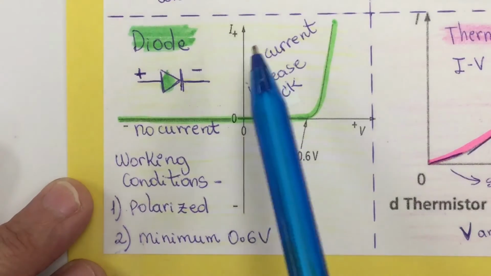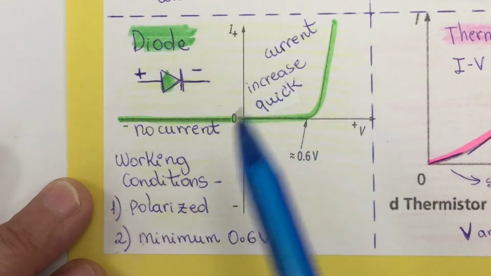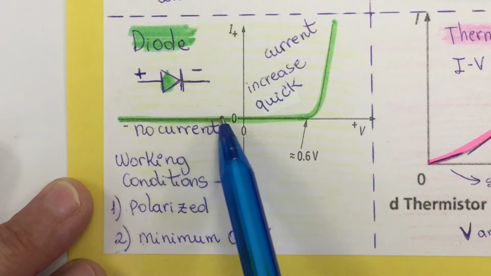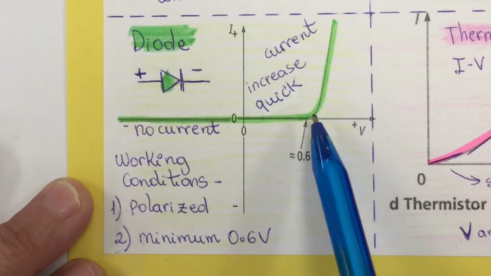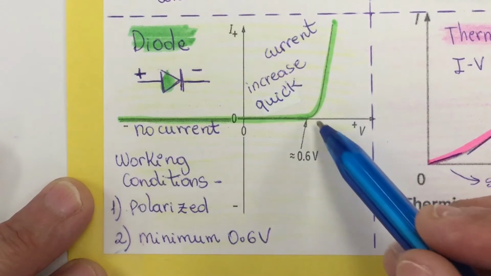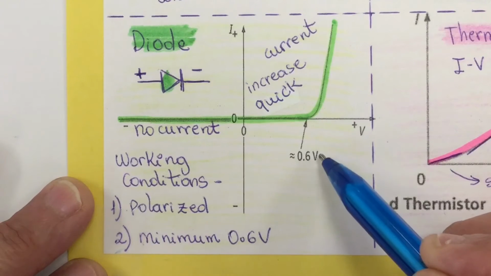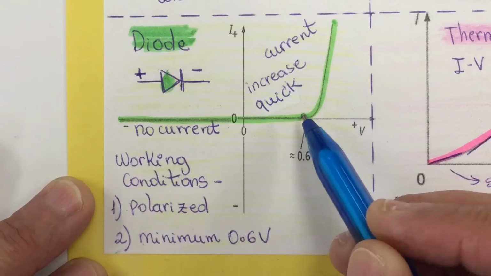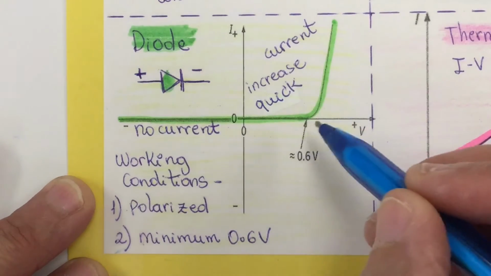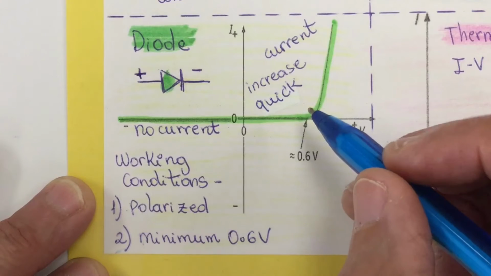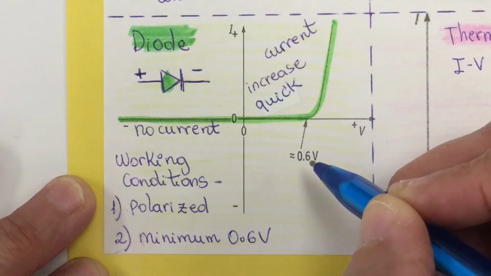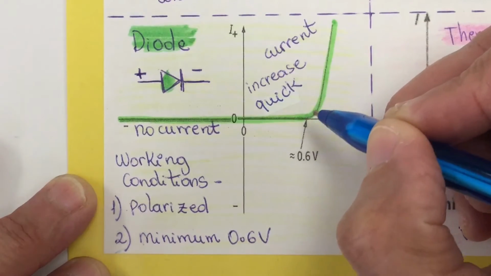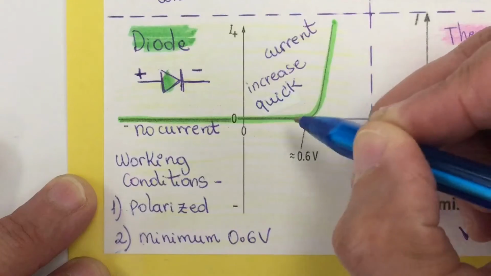The I-V graph shows that there is no current flowing through the diode until the voltage reaches 0.6 volts. After it reaches this minimum voltage, the current increases really quickly right here.